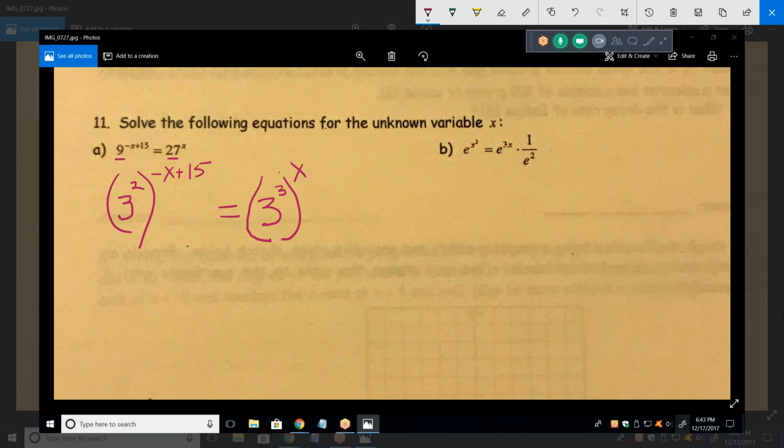In other words, when you have double exponentiation, you multiply that times the 2. So it becomes minus 2x, which is the exponent on the left side of the equation. What does the right side of the equation now become? Just 3x. What does the right side of the equation become?